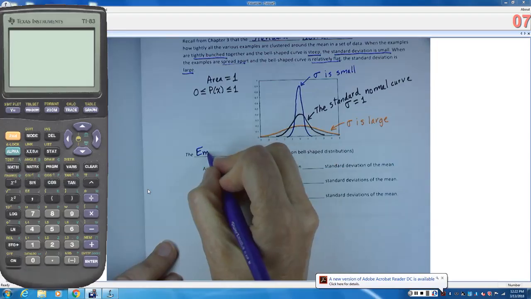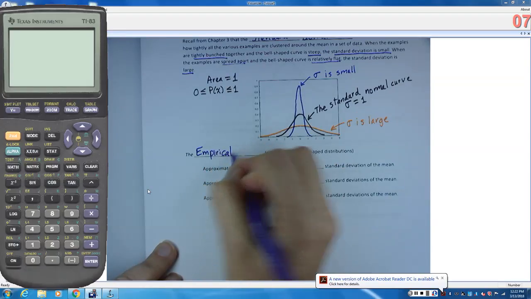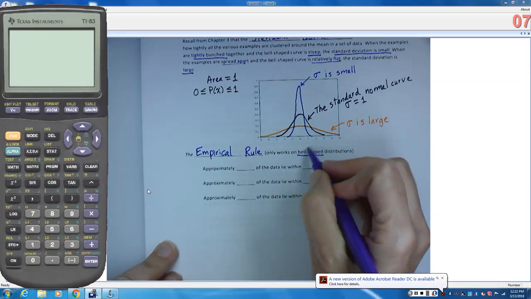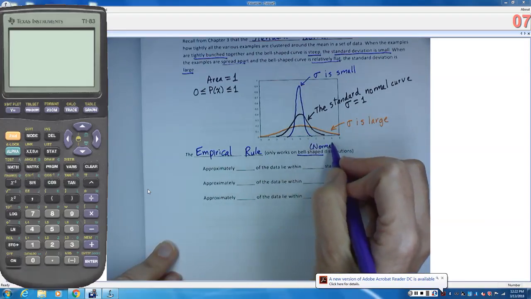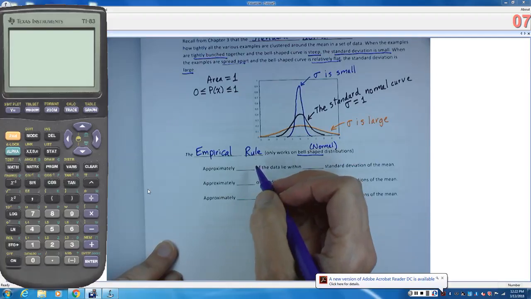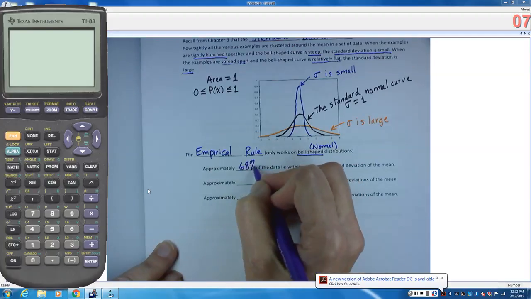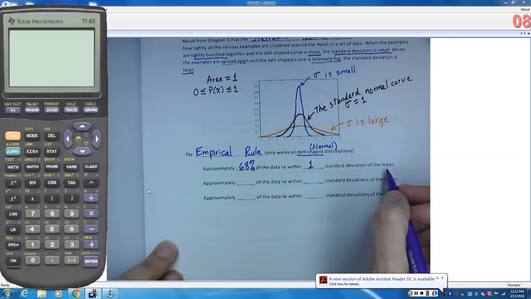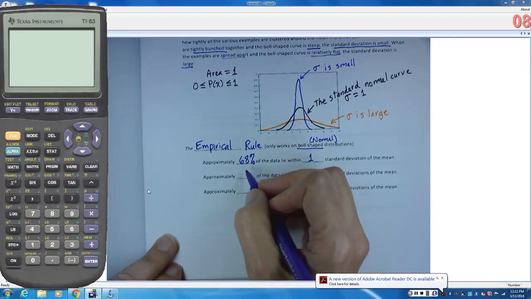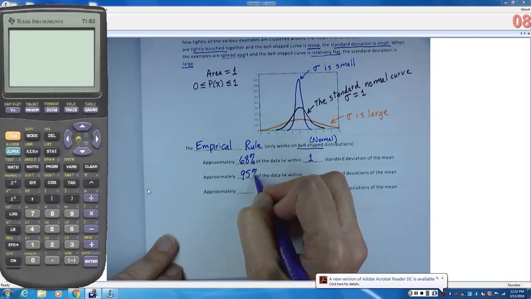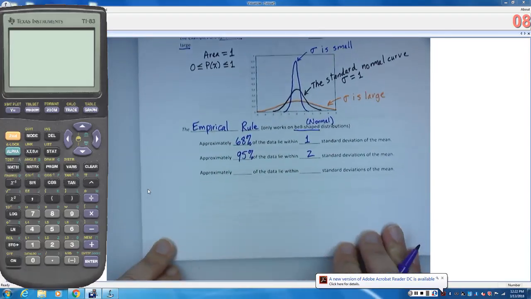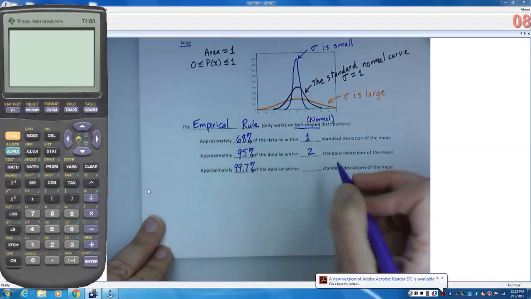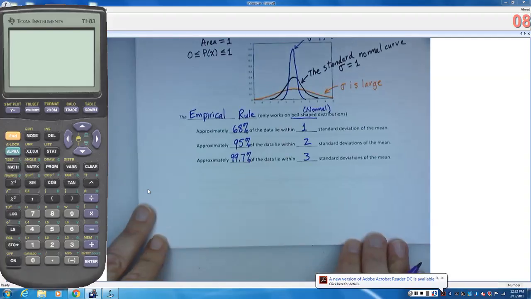The empirical rule, and it works on bell-shaped distributions, normal, is that approximately 68% of the data lie within 1 standard deviation of the mean, and approximately 95% of the data lie within 2 standard deviations of the mean, and approximately 99.7% of the data lie within 3 standard deviations of the mean.